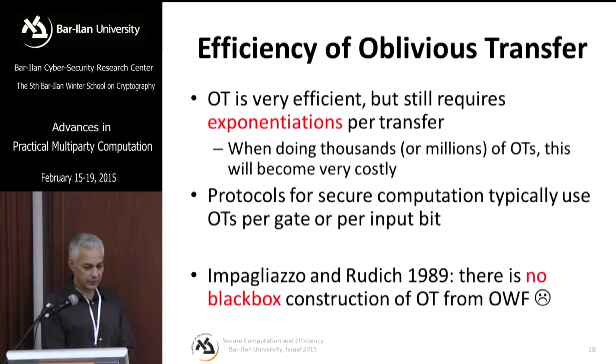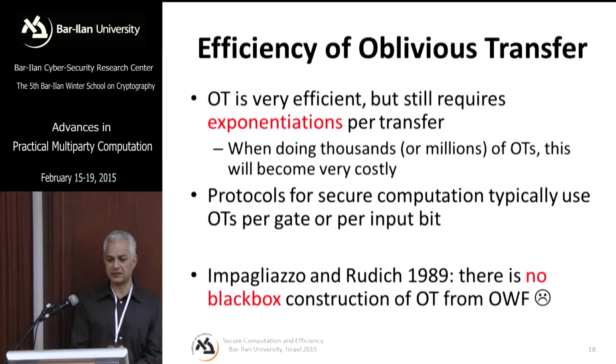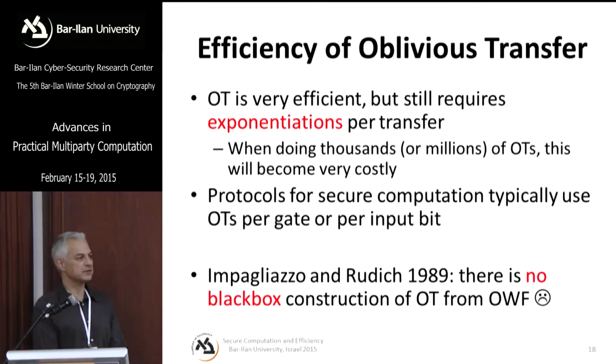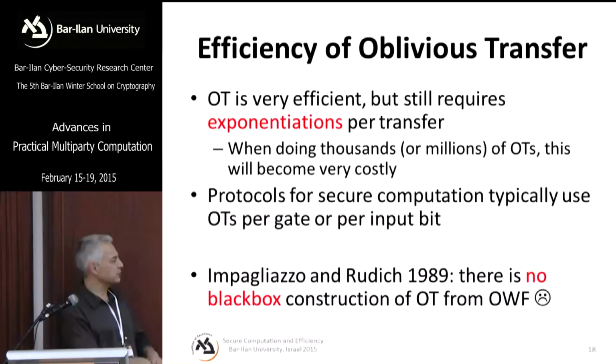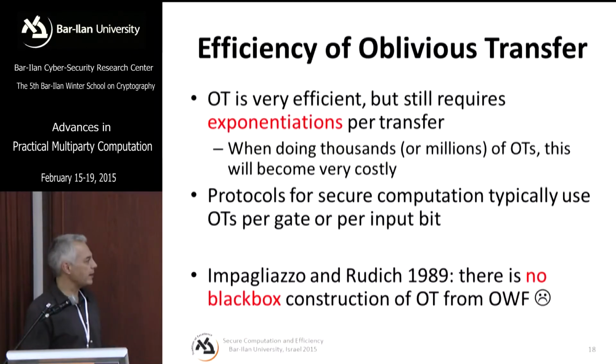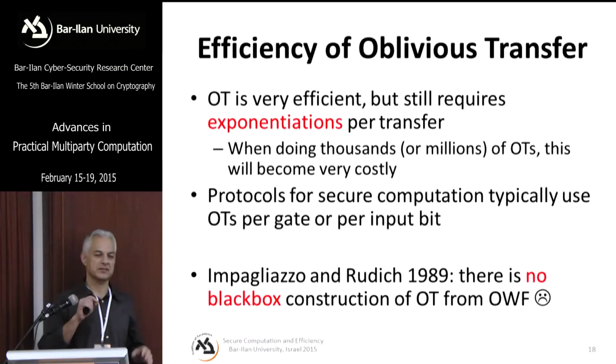Now, we would like to implement oblivious transfer using symmetric key crypto alone, like AES, but unfortunately in '89, Impagliazzo and Rudich showed that there's no black box construction of oblivious transfer from one-way functions. What does it mean? From one-way functions, you can construct all symmetric key crypto. And black box constructions are constructions where you say, let me have any one-way function, and I'll show you how to construct oblivious transfer from it.